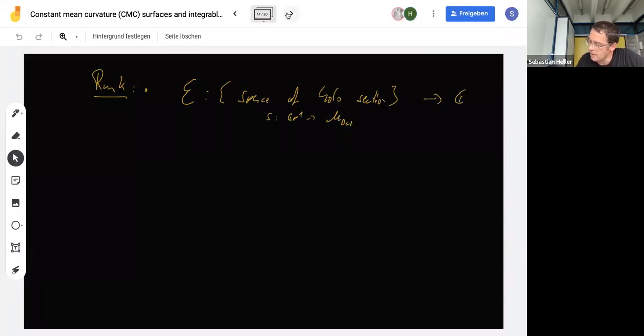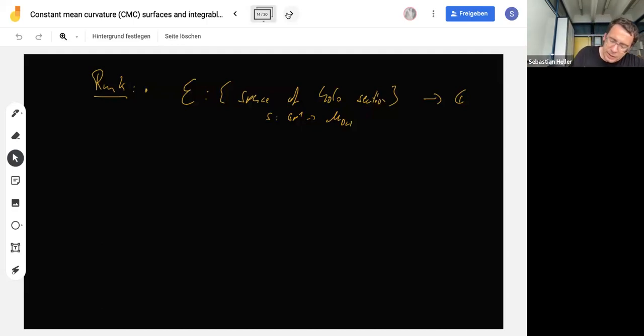And yeah, this space of holomorphic sections can be seen as a complex analytic space by Kodaira-Spencer deformation theory again. And this energy is a holomorphic map on the space.